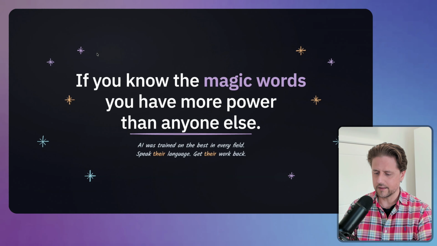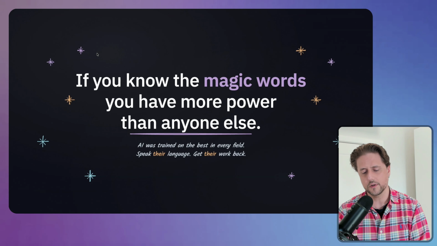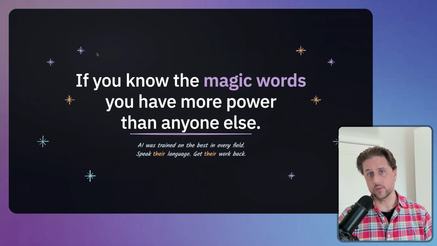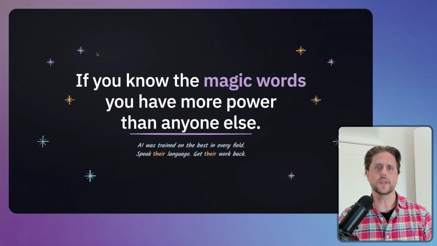I think that there is a great metaphor between working with AI and working with magic, because AI has been trained on all of the best people in any category of work or business or hobbies doing things a certain way and using a certain type of language.